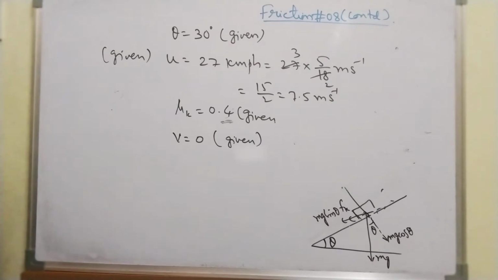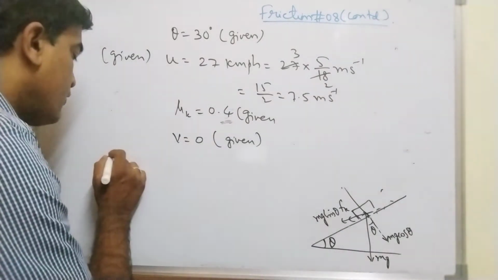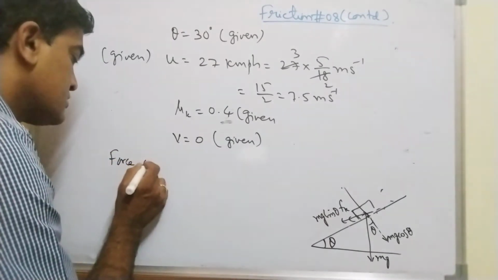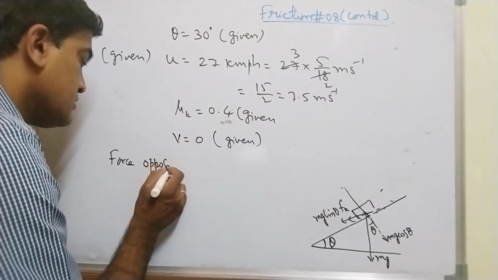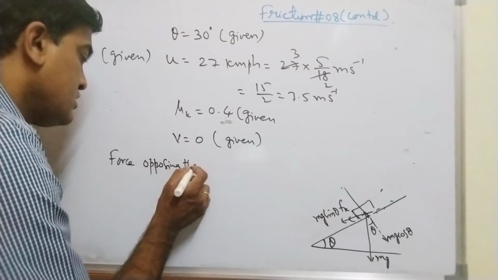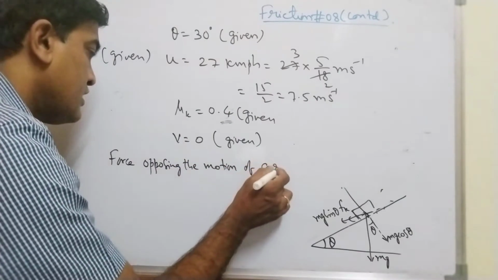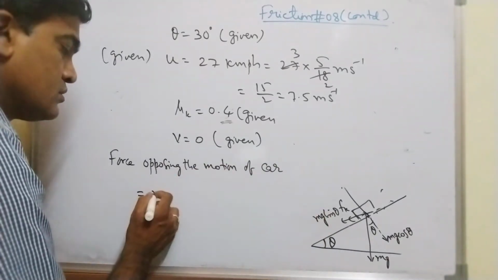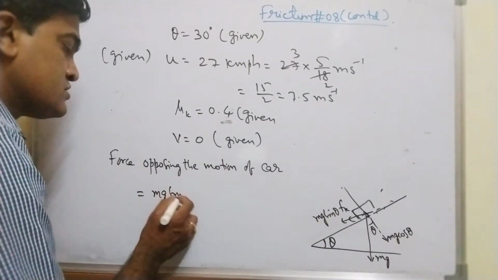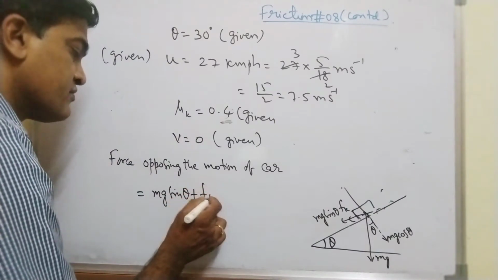Both are acting in the downward direction, is it not? So I can write like this: force opposing the motion of the car is equal to mg sin theta plus Fk.